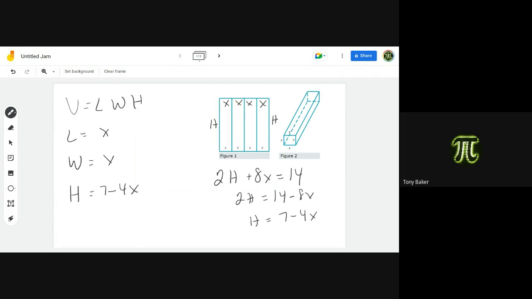And this question asked, what's the X value that's going to give you the maximum volume?